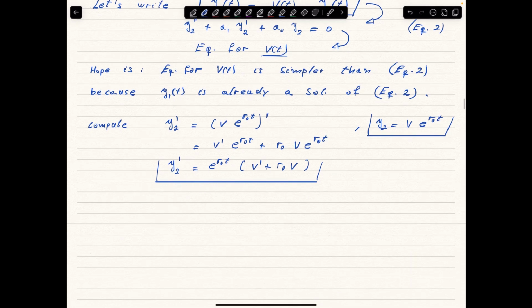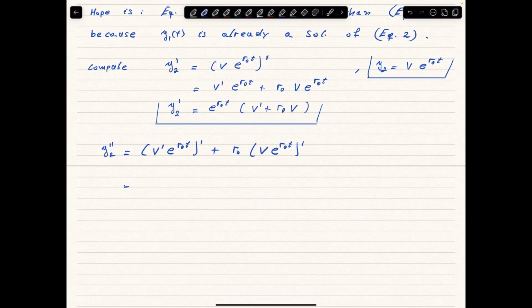Now we can use this formula here to compute the second derivative. It's going to be longer, so let's do it over here. y2 double prime is going to be the derivative here plus the derivative here. So let's write that down. It's going to be v prime exponential r0t prime plus r0, which I can take outside of the derivative because it's a constant, exponential r0t prime.